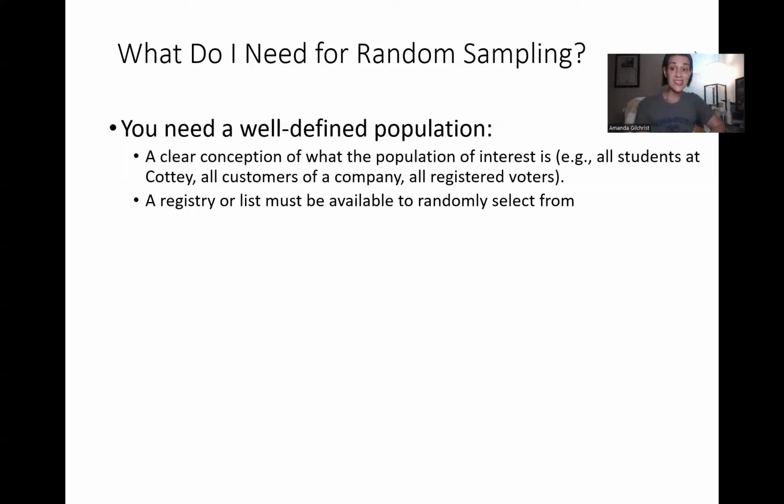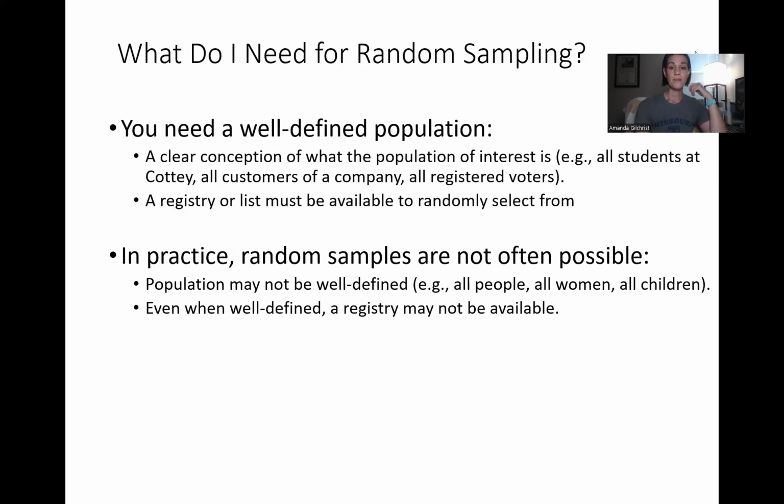Additionally, you're going to need some sort of registry or list or a directory that is available to you to randomly select from. Now, in practice, a random sample may not be possible. So for example, when we talk about your population being people, which sometimes happens in cognitive psychology studies, unless we're looking at specific age groups or specific populations, our population is usually going to be people.